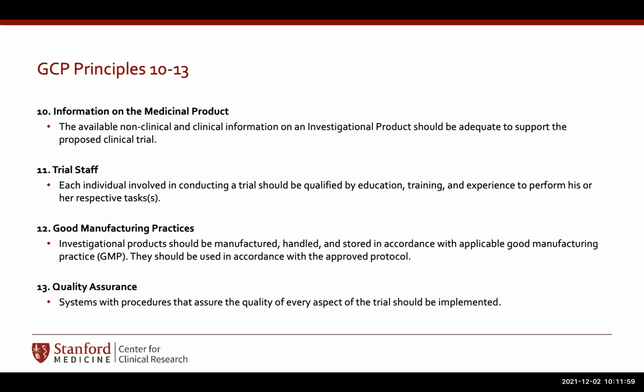And that's why it's so important, obviously, that we understand the development of, say, a drug, understand people are following good manufacturing practices, people are following good lab practices, that the information that's coming from a lab prior to human subjects research is trustworthy, and that any animal research supports the use in humans.